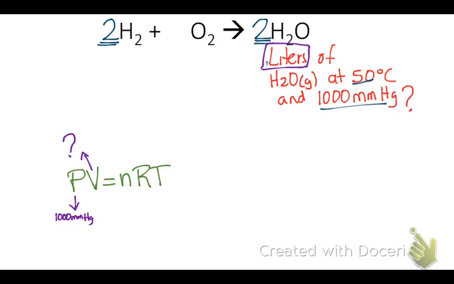So now we have n equals 0.24. What's the new temperature? 50. 323 Kelvin. 50 plus 273.